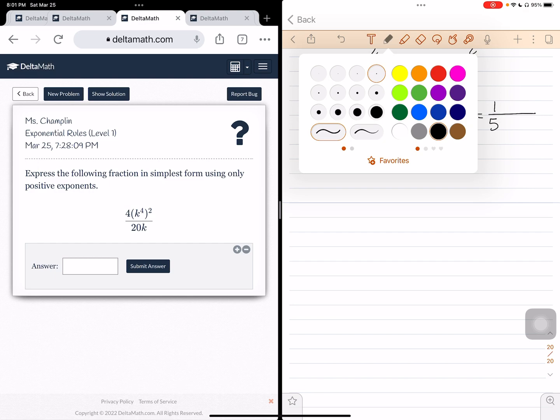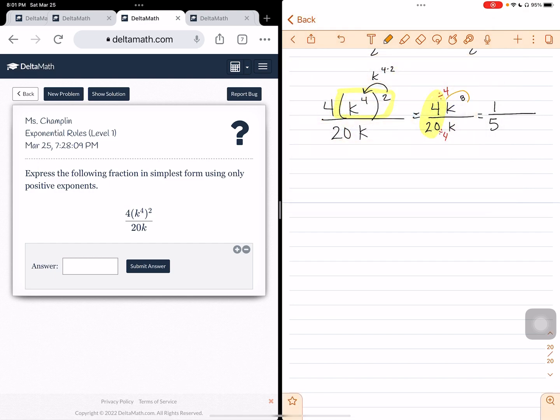And then if we focus just on this part here, k to the 8th over k, that is the same as k to the 8th minus 1, okay? Because really the bottom one has an exponent of 1. If we subtract those two numbers, 8 minus 1 is 7.